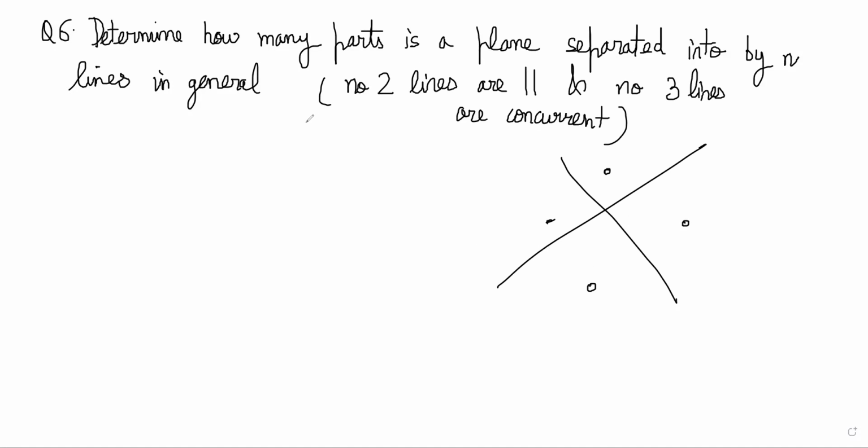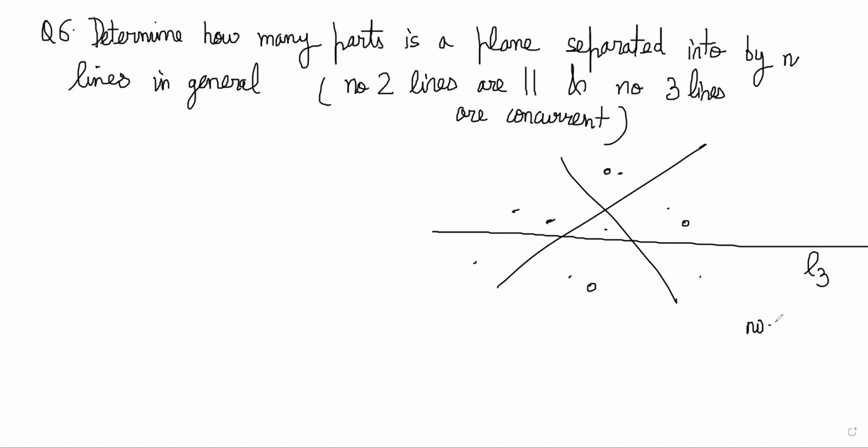Now there are n lines in the plane such that no two lines are parallel and no three lines are concurrent, right? So introduce an extra line here. Let's introduce another line like this. This is line 3. Now the number of regions will become 1, 2, 3, 4, 5, 6, 7.